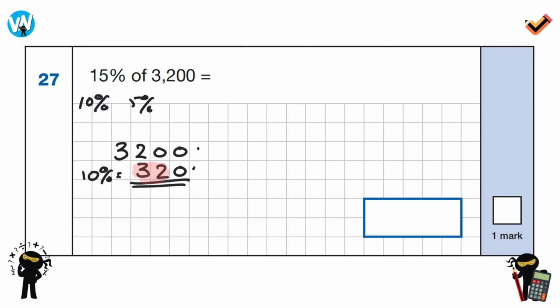Half of 32 is 16, very simply. So 5% is equal to 160. Half of 320 is 160. So we're now in a position where we've got 320 add 160. That will give us our answer. So I'm going to do 320 add 160.